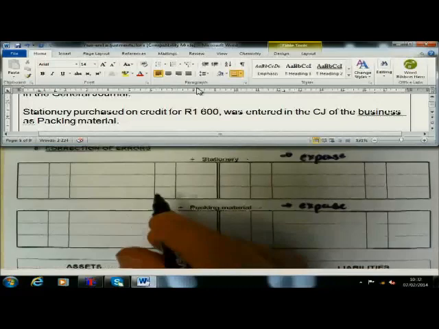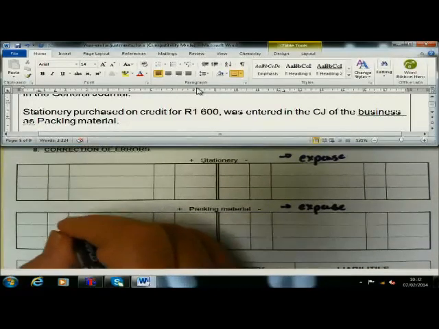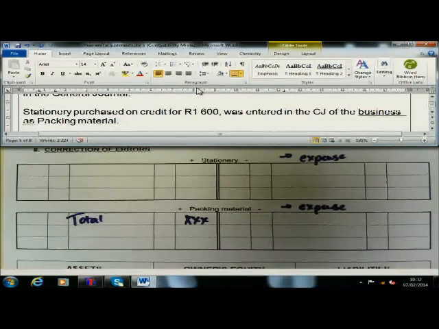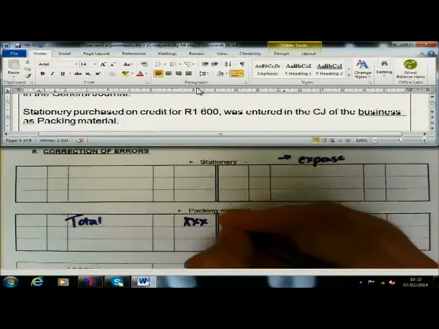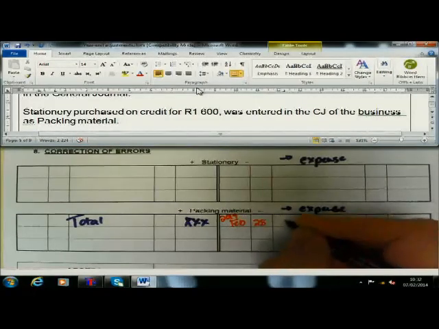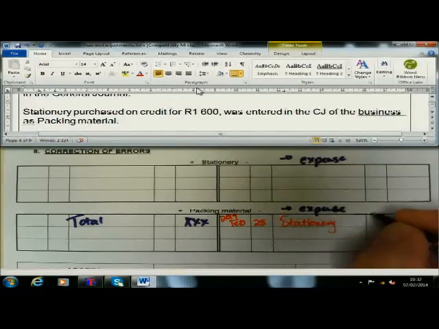Now they put that 1,600 Rand, if there's a total there. In this total, that 1,600 is included in that total. But we don't buy packing material, we bought stationery. So the only way to correct this is 2019, February 28, take it out there, out of the packing material.